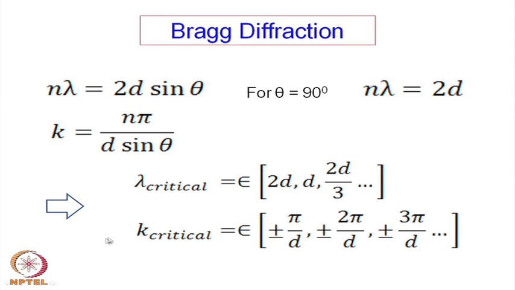When that is converted to the critical k value in k space, or the wave vectors, it will be plus minus pi by d, 2 pi by d and 3 pi by d. Now, this will be clear when we go to the next figure.